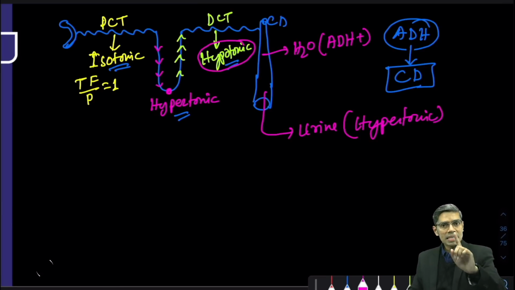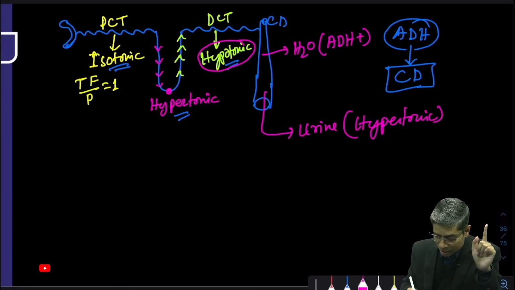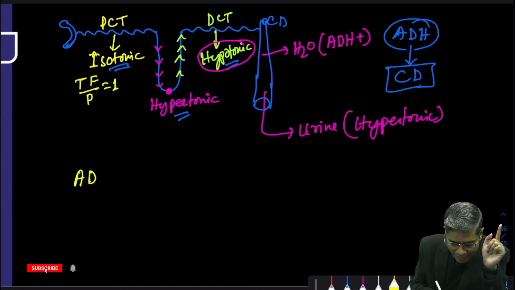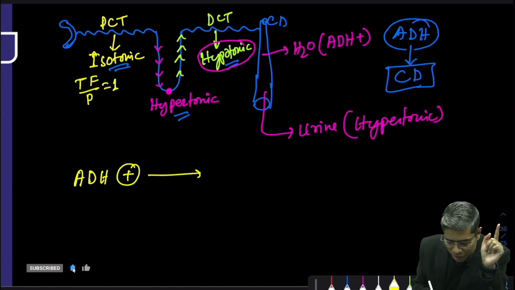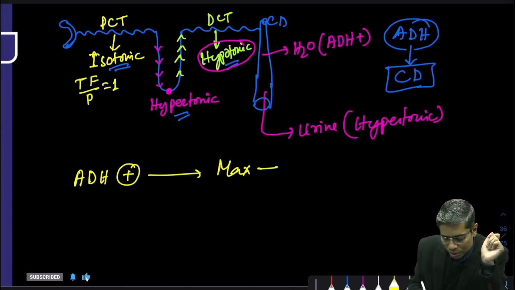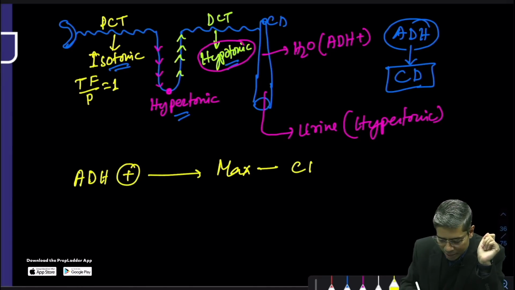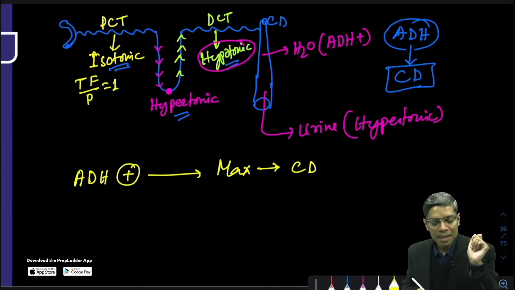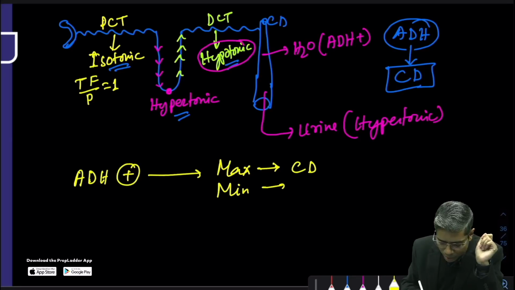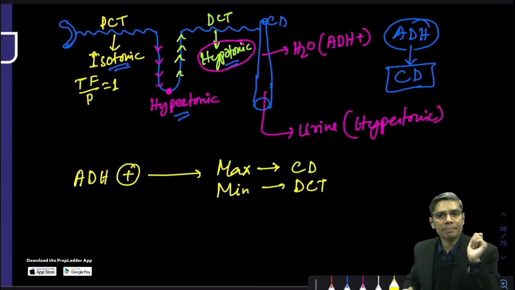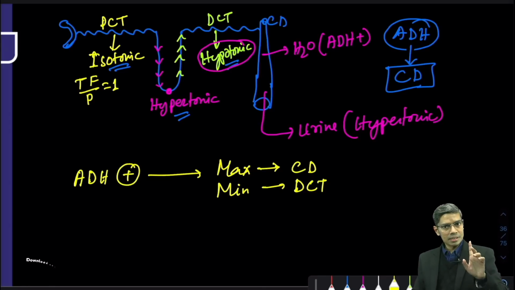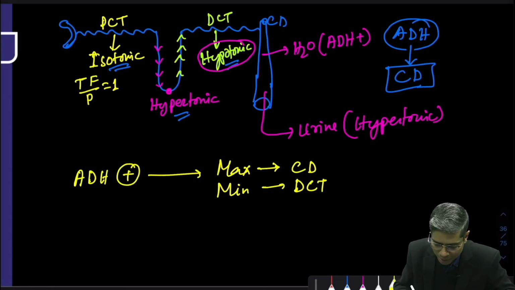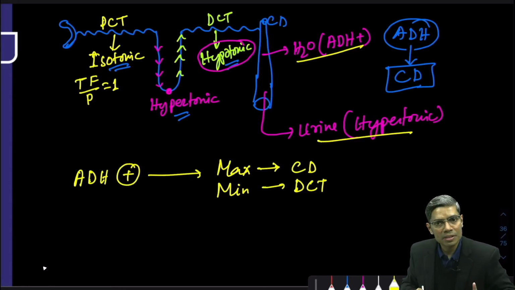Means in presence of ADH, maximum tonicity of urine or tubular fluid is at which level? At the level of collecting duct, and where will the minimum tonicity be? At the level of DCT. Getting my point? That is in presence of ADH. So, this pink color writing that I have drawn here is in presence of ADH.